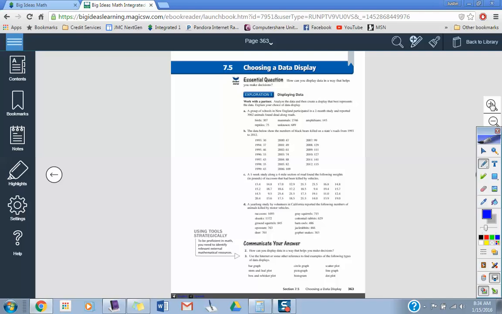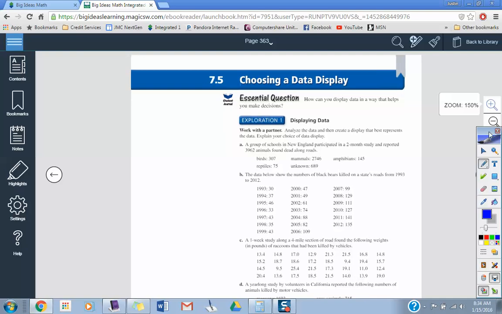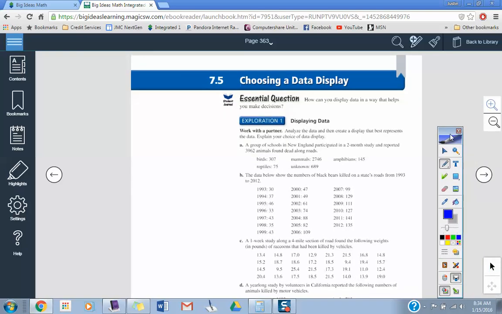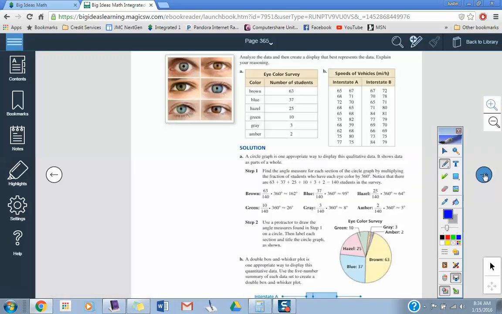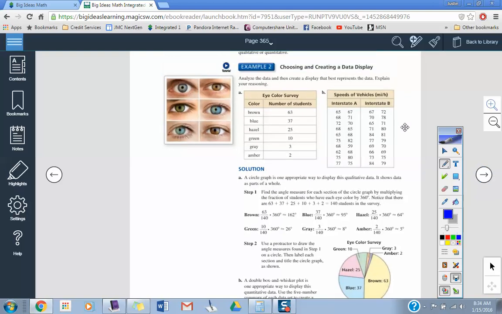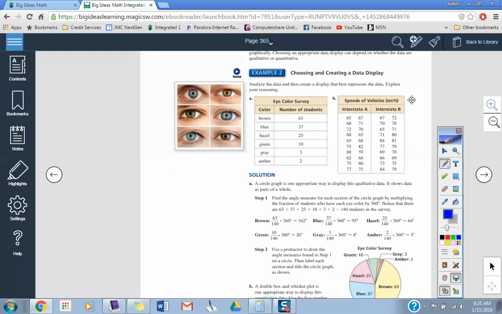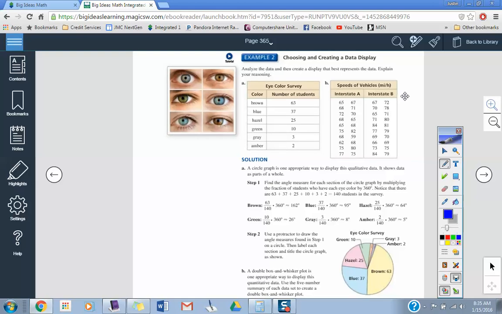Yep. Okay. So what I want you guys to do is this. I want you to page ahead a bit to the one that says Example 2, which is page 365, I'm sorry. Say page 365 up top here. That's where I want you to be for what we're going to discuss in a bit.